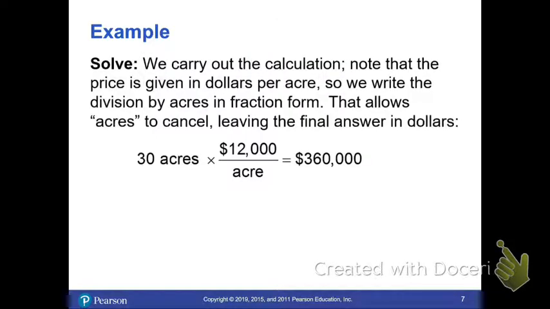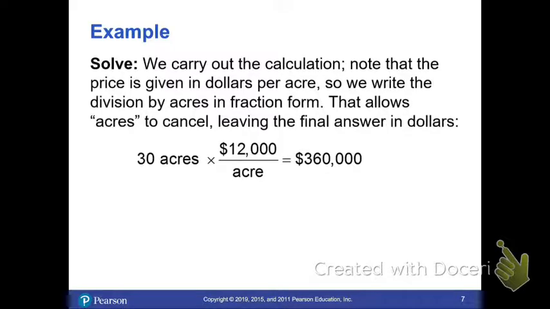The S says to solve. So let's think about what information was given. They gave us that we're buying 30 acres, and it costs $12,000 per acre. And so what do we notice here?